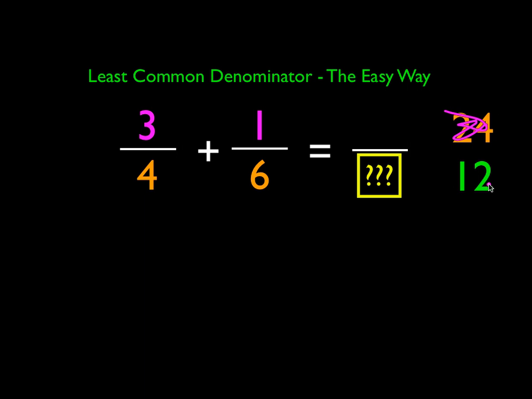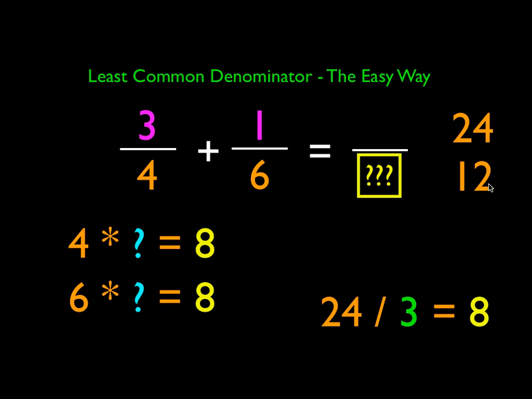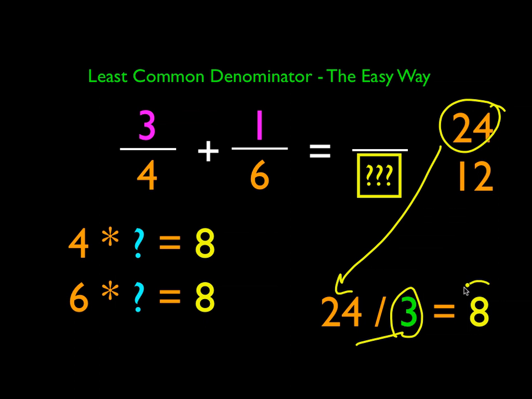So the next thing we're going to do is divide 24, our original common denominator, by 3. Remember, we're going to divide it by 2, 3, 4, 5, etc. And so we get 8. The question we're asking is, is 8 a good common denominator? Is there a whole number that you can multiply 4 by and get 8?